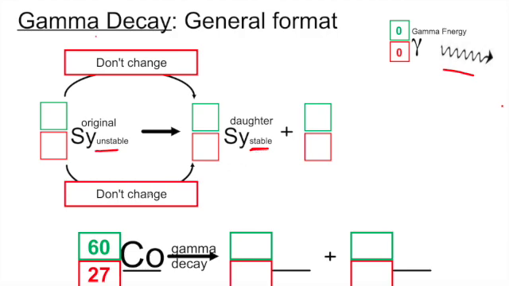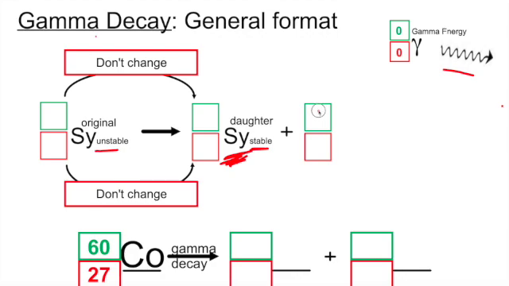But when the dog was outside running around, burning off the energy, it wasn't losing body parts. It wasn't changing and becoming a cat. It wasn't doing anything interesting other than burning off energy. So you don't change the mass number because protons and neutrons don't change. You don't change the atomic number because the protons don't change. And you don't change the element's identity because the protons don't change.